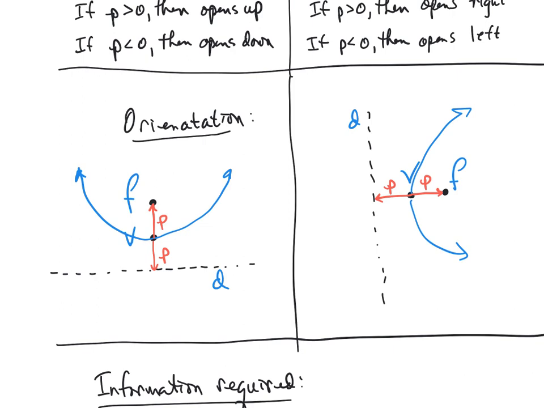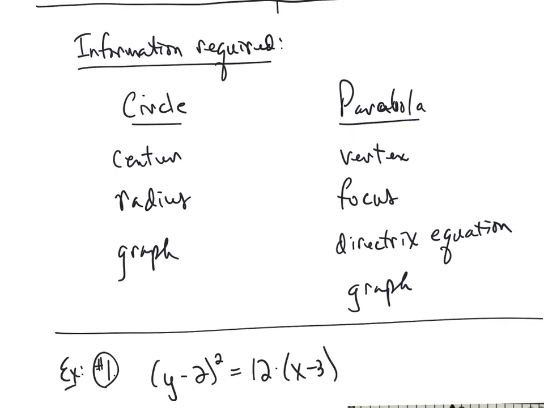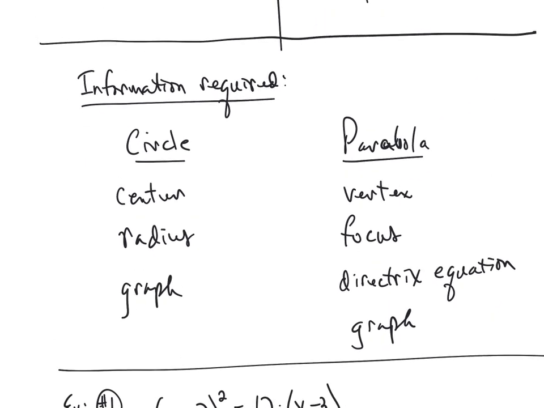Okay? And so let me just summarize before we actually get into examples. As we move forward with the different types of conic sections, I'm going to be giving you lists of information that you're going to be required to give me in any one problem. Now, when we deal with circles, what I'm going to expect out of you is to be able to find the center, the radius, and draw me a decent graph.